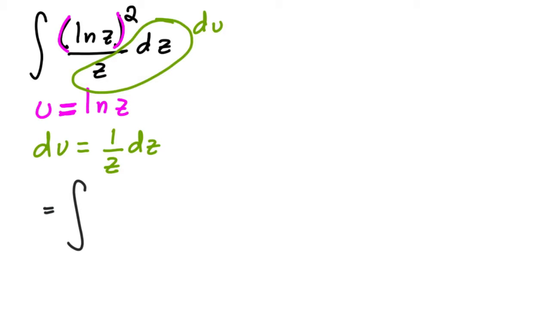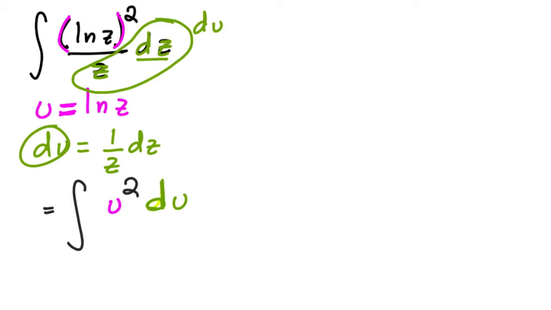So then what we have is, this is ln of z is u squared. And then now here you have to be careful. Du isn't going to go on the bottom. Sorry, it's a terrible color. Du goes on top. So this right here, this is dz over z, or 1 over z dz. And so this is equal to du.